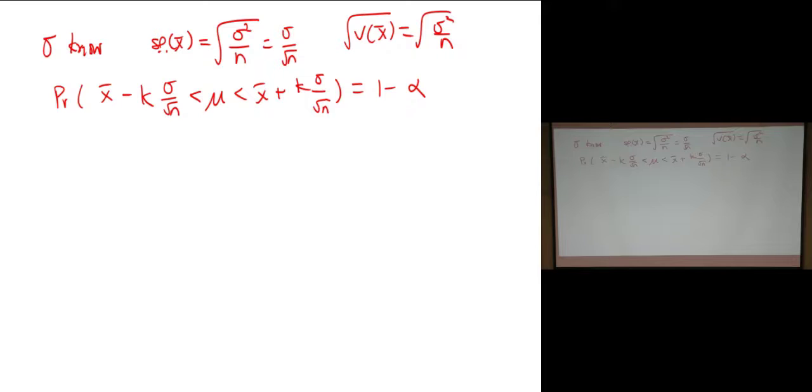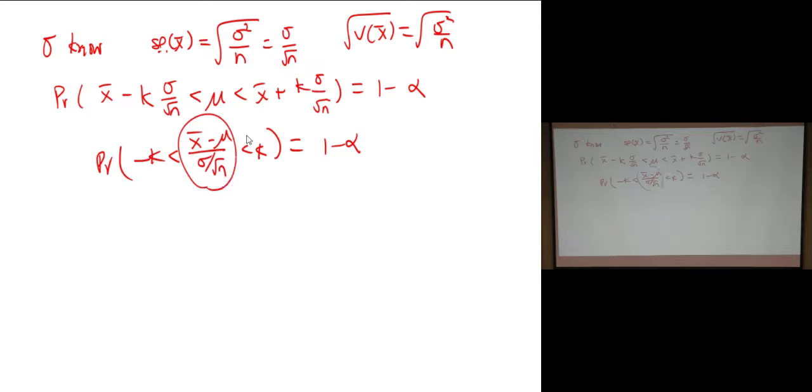To find this probability, we have to rearrange it. Then ask yourself, what is the distribution of this quantity? It's a random variable because x bar is a random variable.